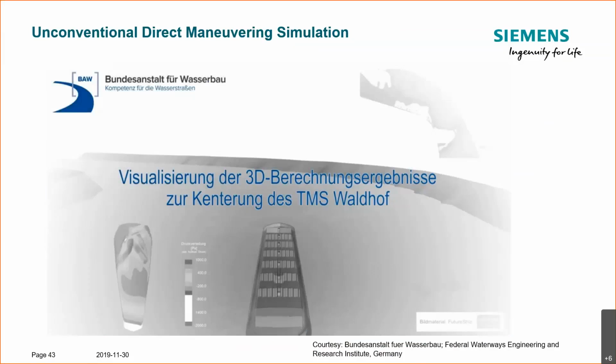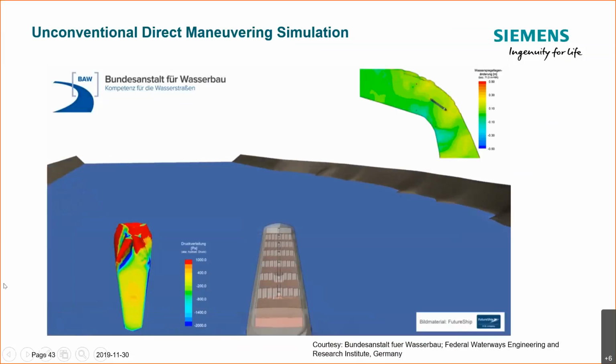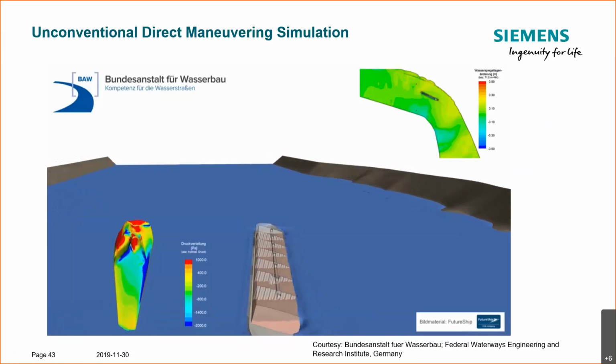And one of them, apart from the sloshing motion causing general instability, but also giving it an unfavorable roll moment that led to the capsize, one could see that there was a relatively low pressure area on the starboard side bilge, which you can see here on the left-hand side, which induced an additional roll moment and basically just was too much for this already unstable ship. And unfortunately, it capsized. So this is a very nice application for an unconventional direct maneuvering simulation.